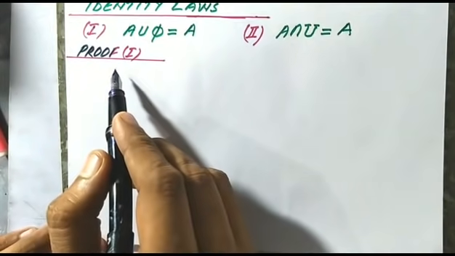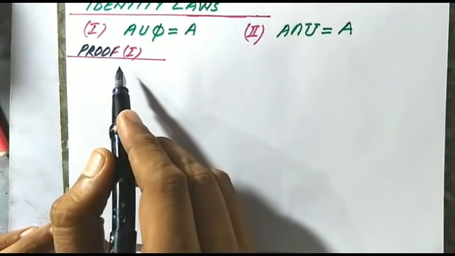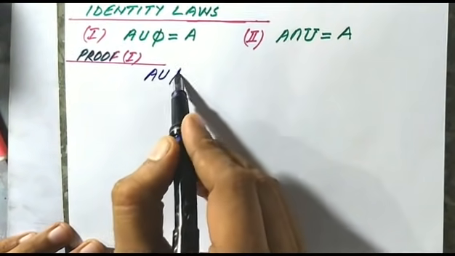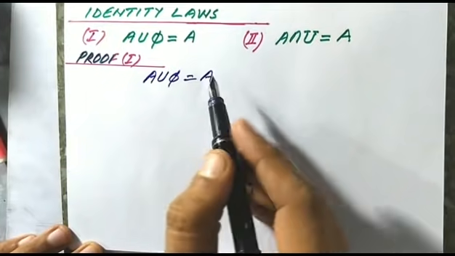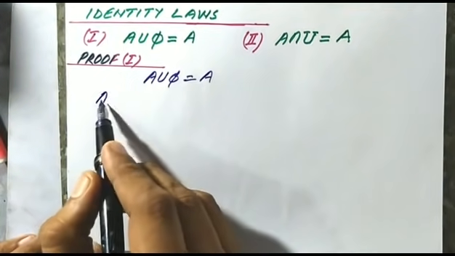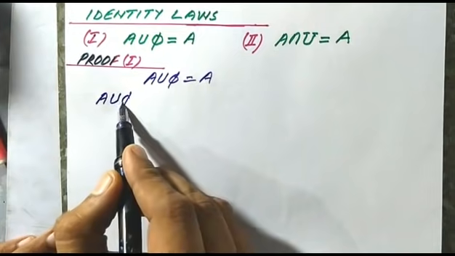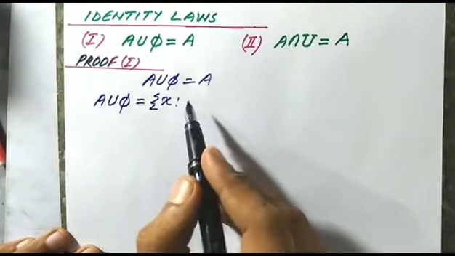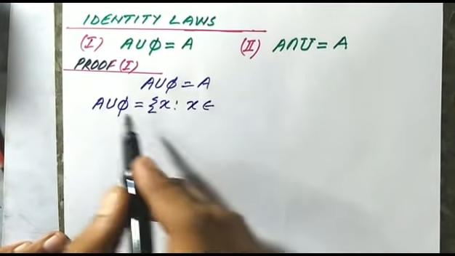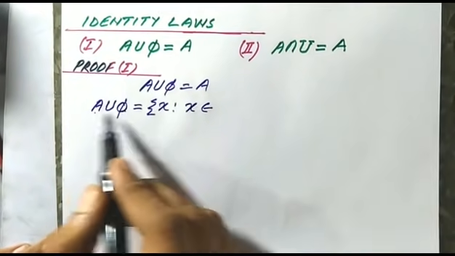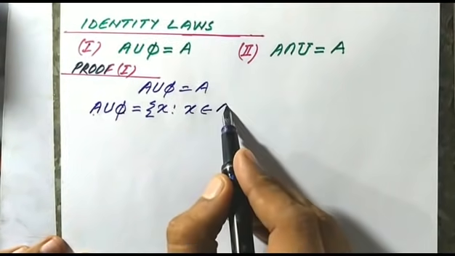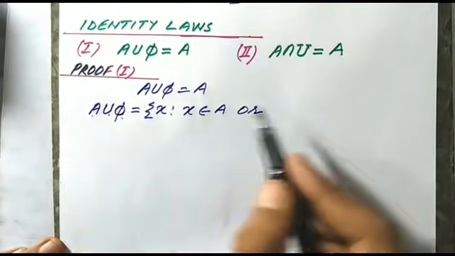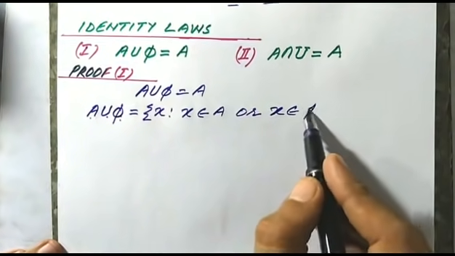Now we are going to prove the first identity law, that is A union phi is equal to A. So by definition, A union phi is a set of X such that X belongs to either of these two sets. So we may write X belongs to A or X belongs to phi.